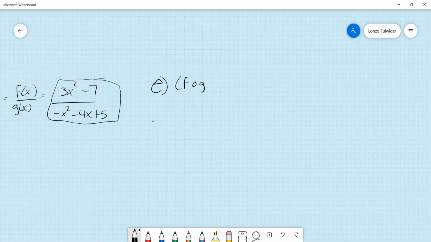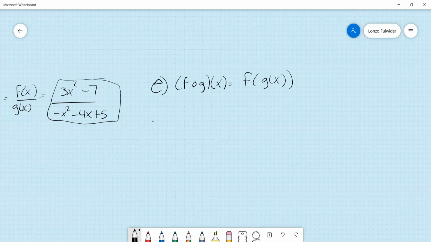This is not multiplication, this is what's called composition. So this is E. This is parentheses f circle g, and it's not multiplication. You can think of this as f of g of x.